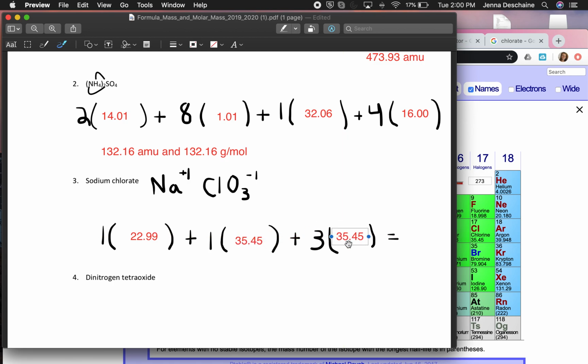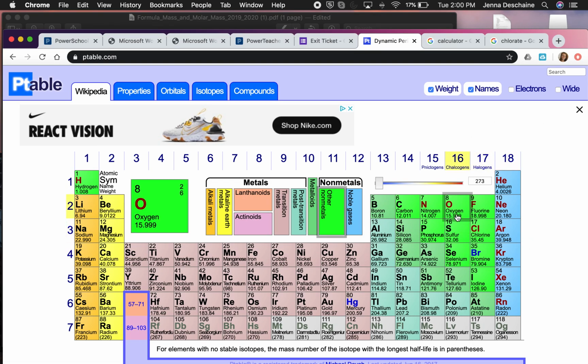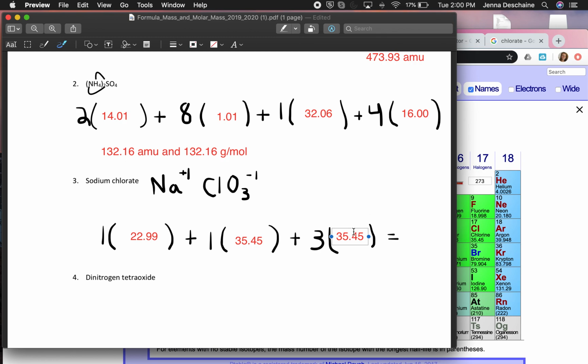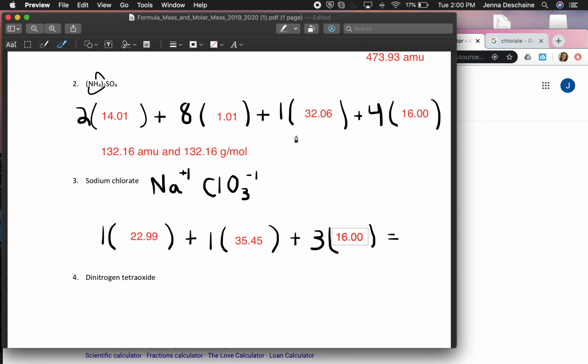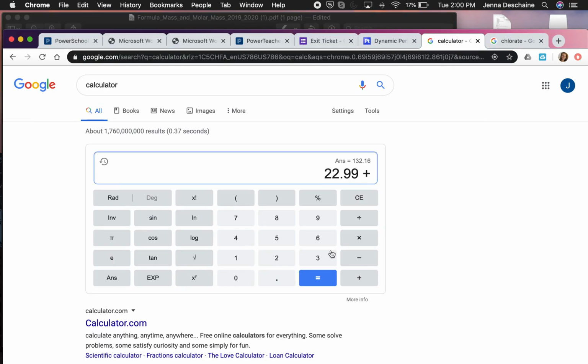And then lastly, we have oxygen. Okay, oxygen 15.99, but I've been rounding to 16. All right, so quick math calculator. 22.99 plus 35.45 equals, and then I'm going to add 3 times 16. Perfect.